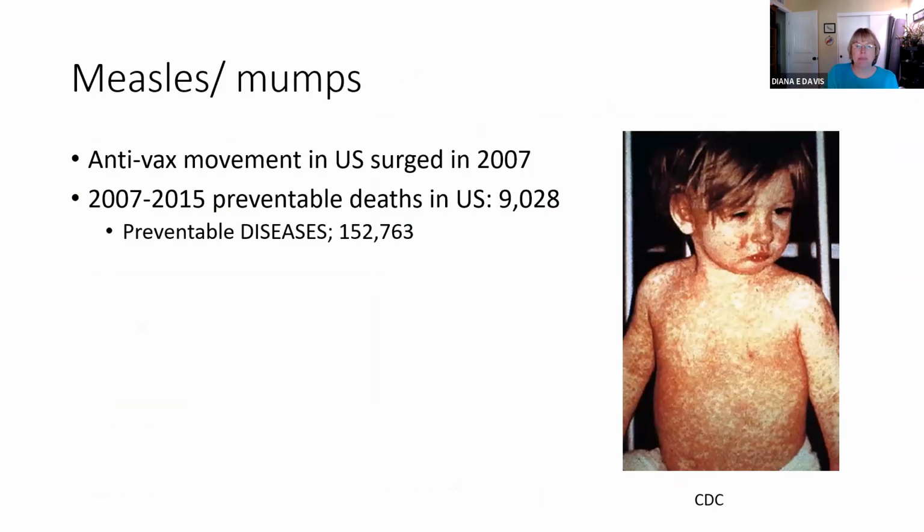Measles and mumps. The anti-vax movement in the US really started surging in 2007. And since then, there have been 9,000 vaccine preventable deaths in the US alone, and 150,000 preventable disease infections. This poor child right here is an example of what measles looked like. I guess still does, because it still exists.